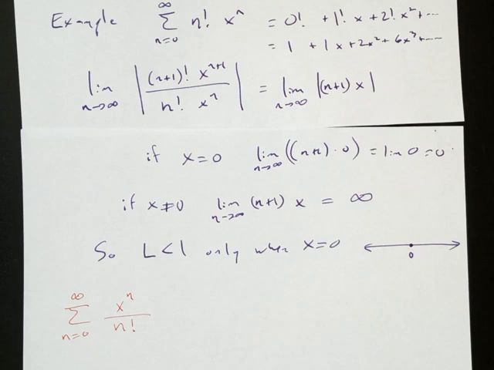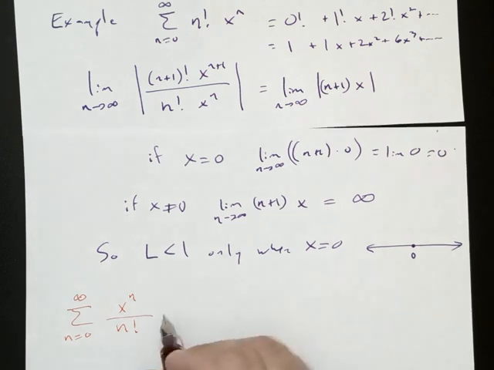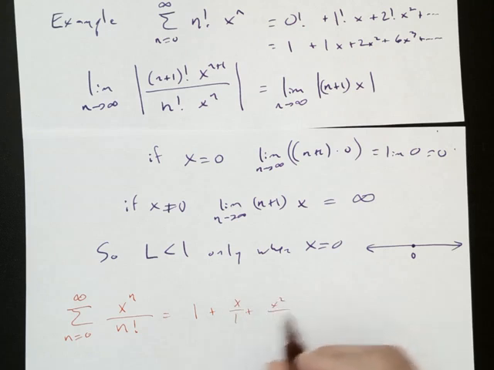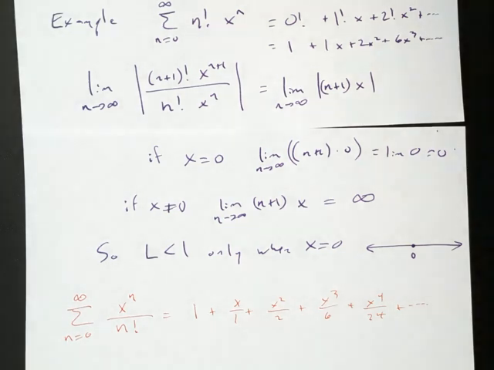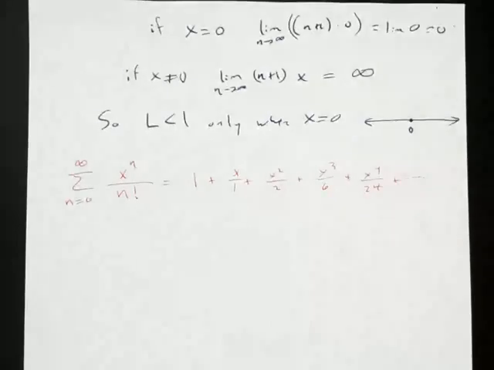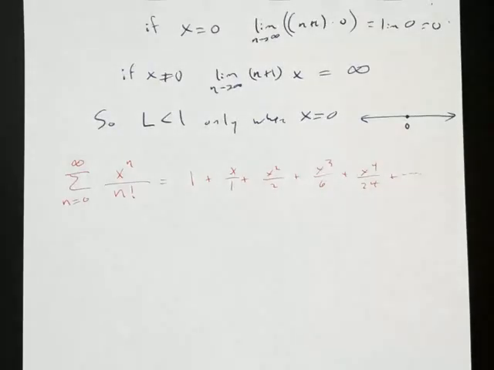Instead of multiplying by n factorial, let's divide by n factorial. Now let's see if I can figure out what's going on with that power series. I'm going to do the ratio test.